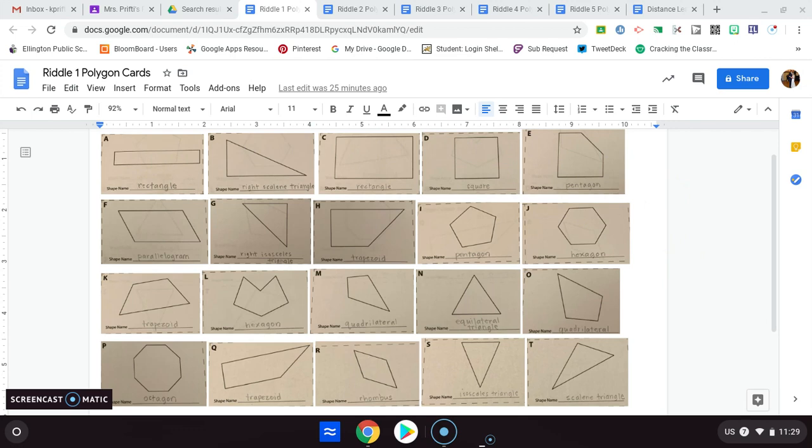I have 5 in each row, 4 rows, 20 cards. So pause the video if you need to and take the time to set up your desk, your table, wherever you're working to look like my screen for the activity.